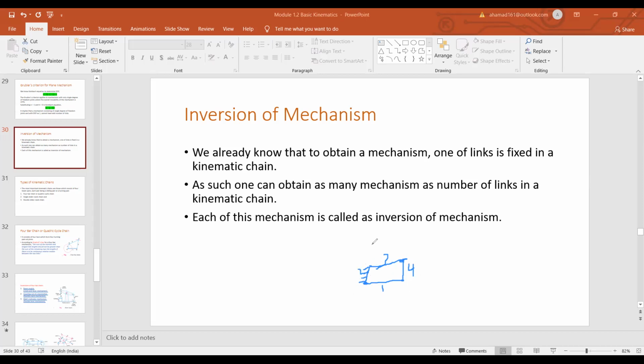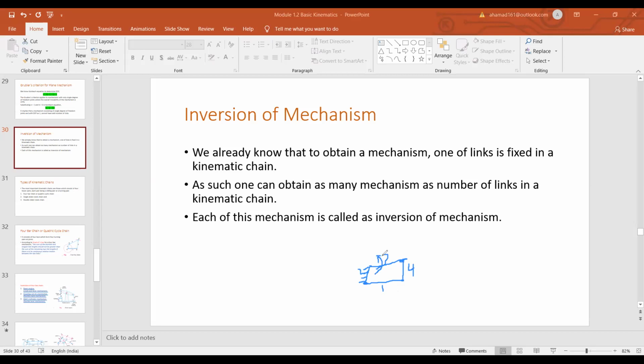So in this way there are 4 possible combinations, and you will get different mechanisms which will be useful for different applications. What you have to do is study that if I fix a particular link, and after fixing one link, I make any other link the input link which is connected to the fixed link.